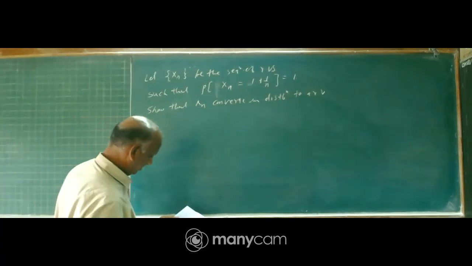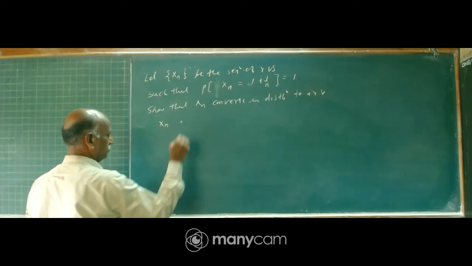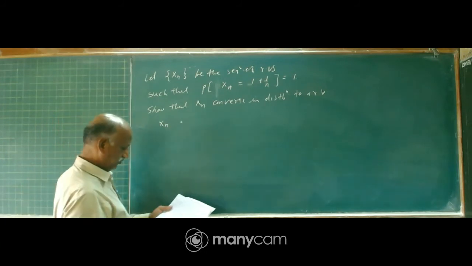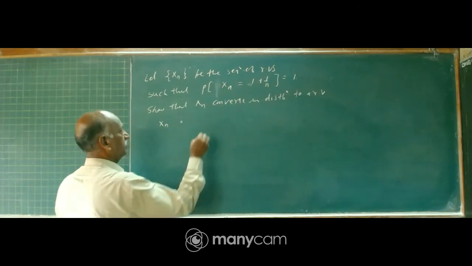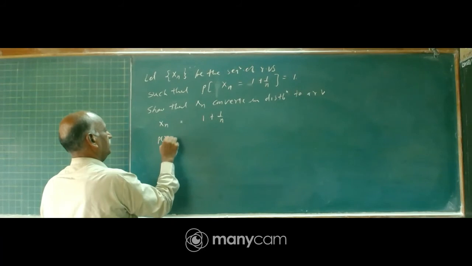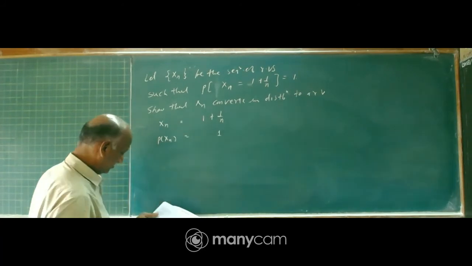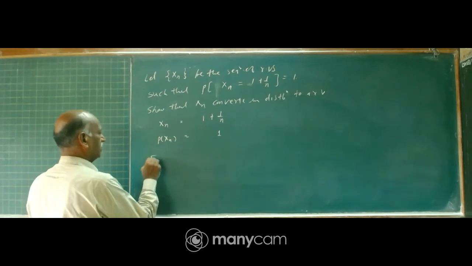We know that Xn is equal to 1 plus 1 by n, and P(Xn) is equal to 1 at that value, 0 otherwise. So what is Fn(x)?